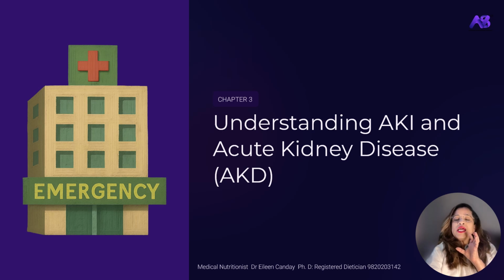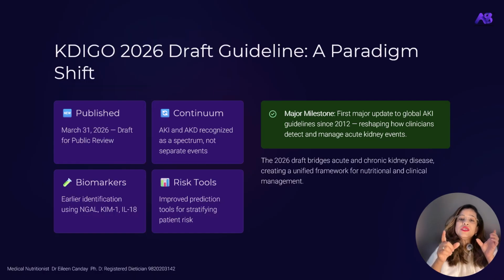Okay, so now let us look at a little bit of AKI and acute kidney diseases. Now, when you say what is AKI or what is AKD, the importance is here when you look at the KDIGO 2026 draft guidelines.